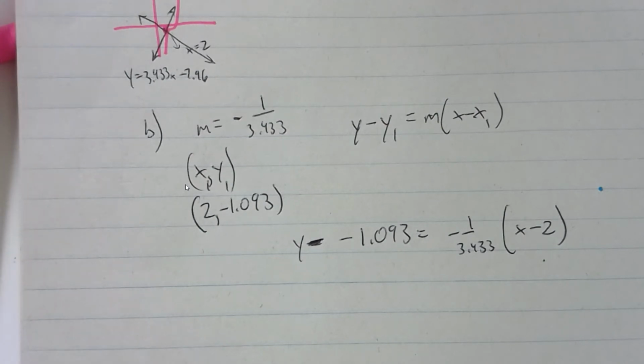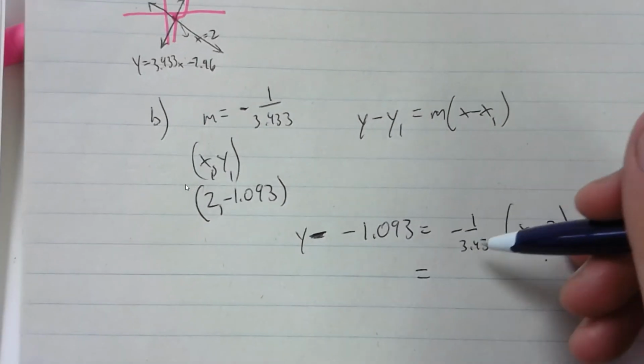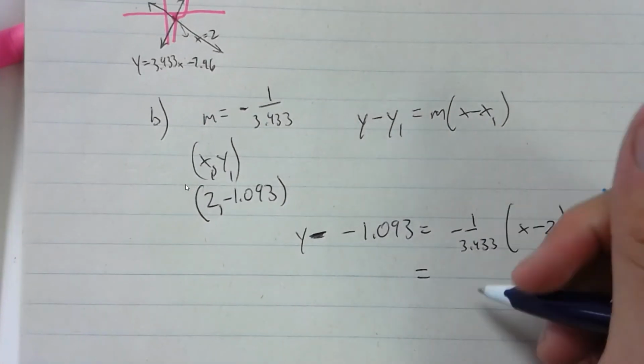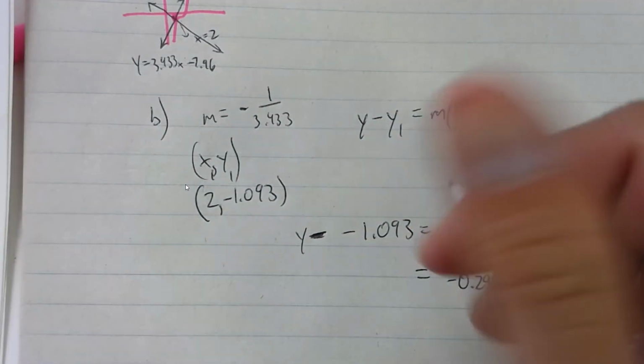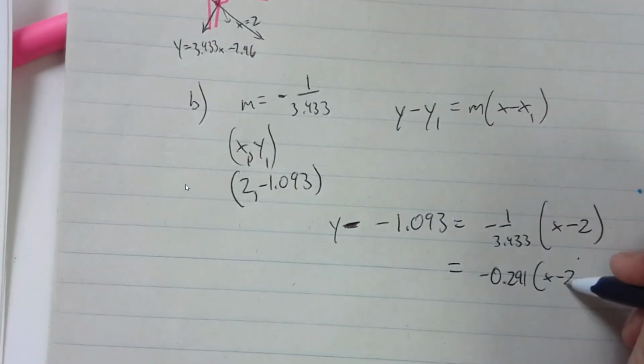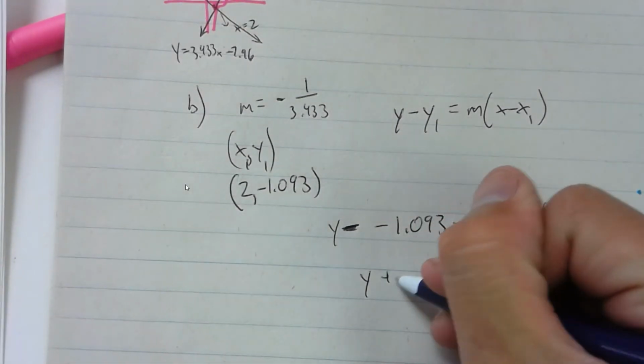So let's just go ahead and explore this a little bit. The slope would be negative 0.291 if you plug this into a calculator, times x minus 2. This is y plus 1.093.